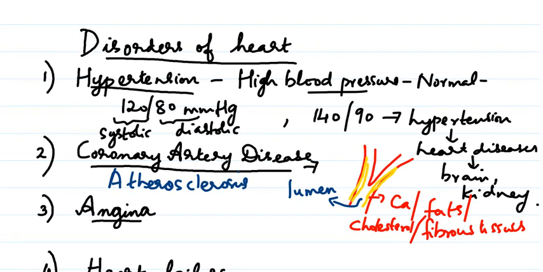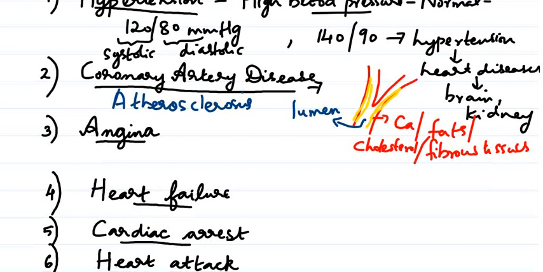The next is angina. So whenever the coronary arteries get blocked by the materials like calcium, fats, cholesterol, fibrous tissues, the heart muscles will not be getting sufficient oxygen. The cardiac muscles will not get sufficient oxygen.